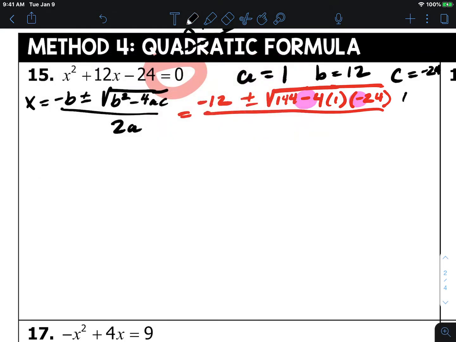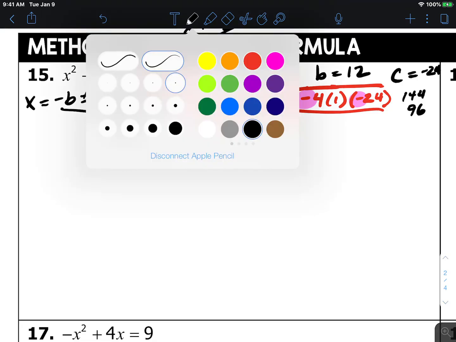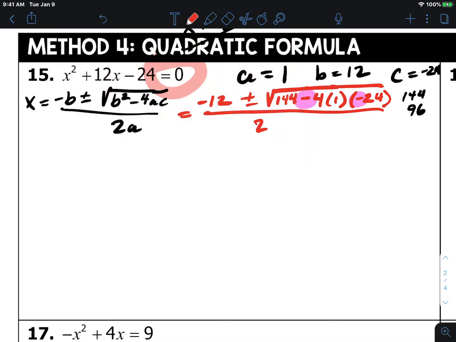So this is going to be 144 plus 96. If I add 4 to 96, that makes 100. So 100 plus 140, so that's going to be... oh, don't forget about 2 times 1.